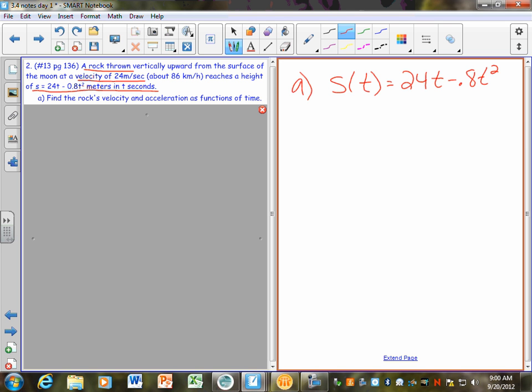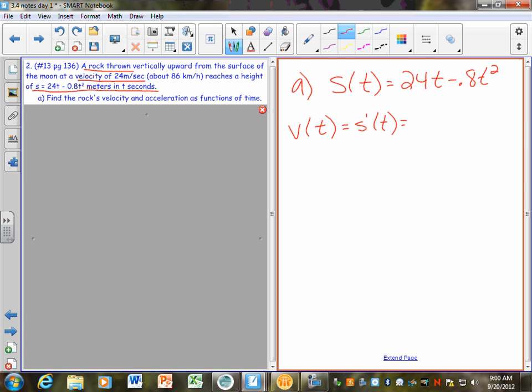And if I want to find the velocity function, what do I do? Take the derivative of this function. So to find the velocity, all I'm doing is taking the derivative of the position function. That's the definition of velocity in terms of calculus. It makes things really nice when you're trying to figure velocity.